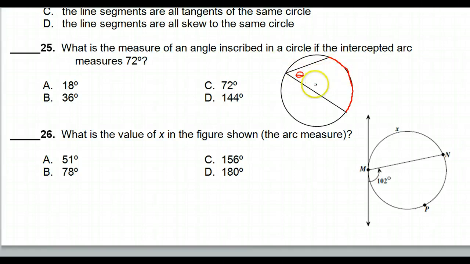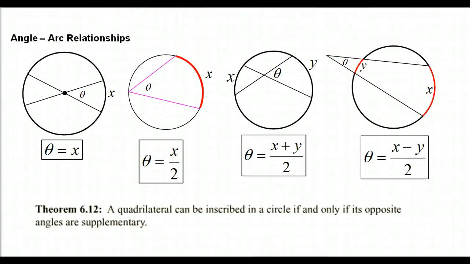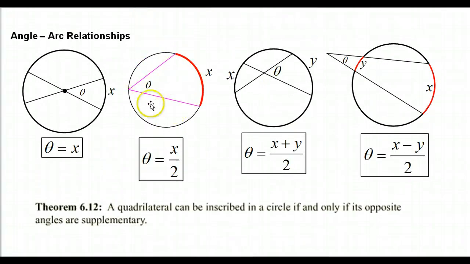Now that you're looking at the picture, you need to know the formulas. And this is the situation right here with the inscribed angle, intercepted arc. We learned that the angle is half the arc, or the arc is double the angle, whichever way you want to look at it.